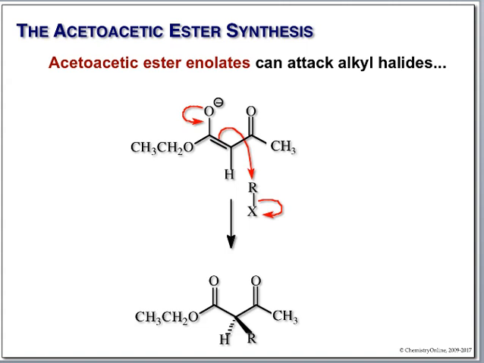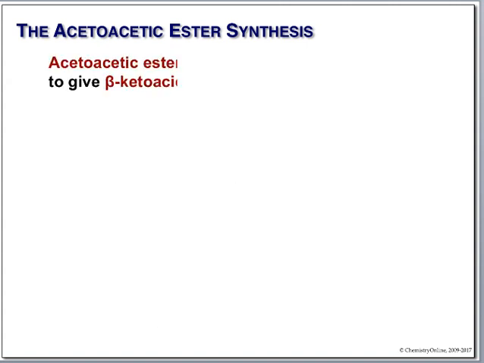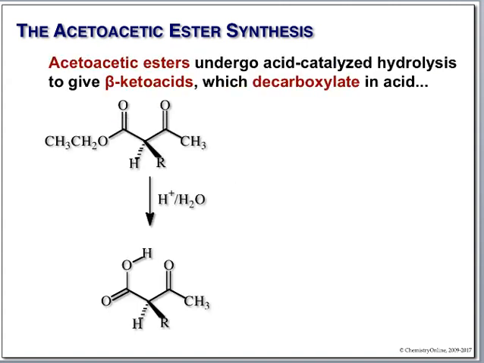Let's take ethyl acetoacetate in its alkylated form and ask what happens if we dump this stuff in acid and hydrolyze the ester. We wind up with a beta keto acid.